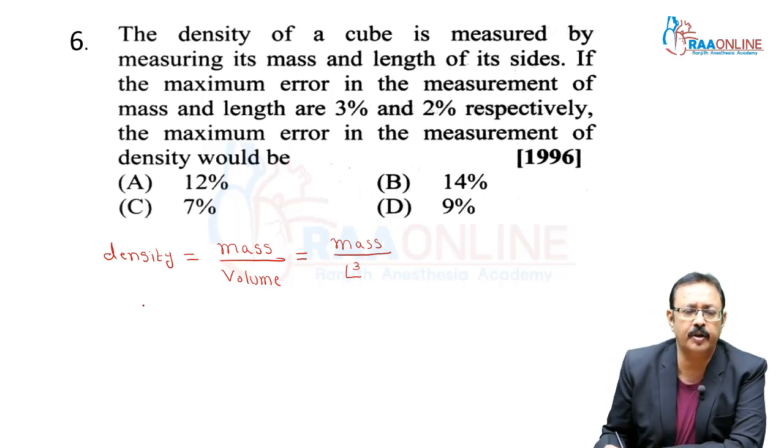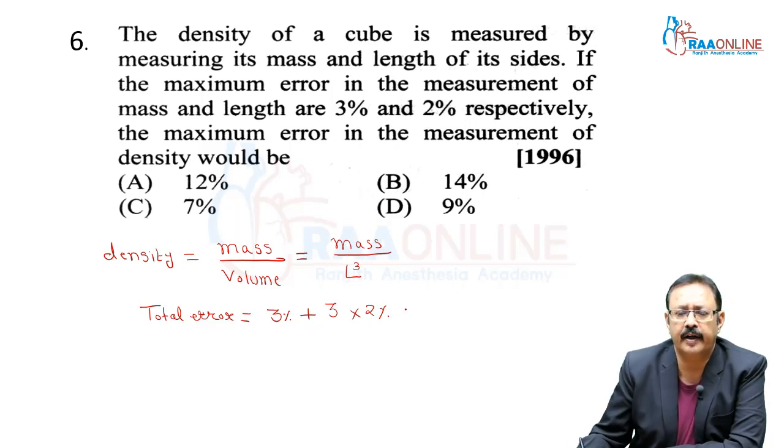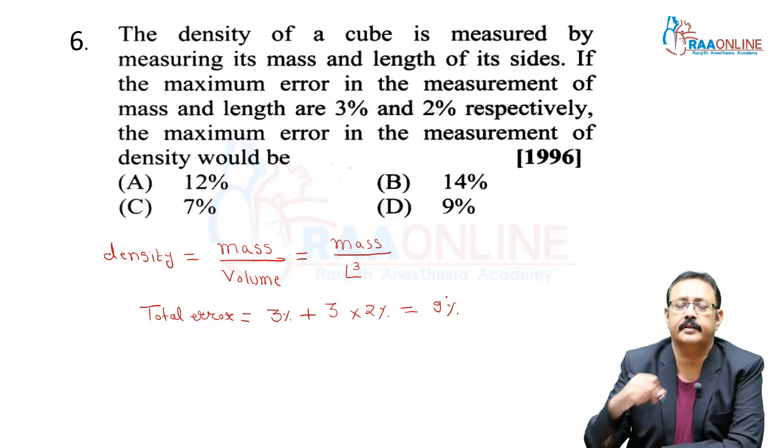So what should be your total error? Total error should be mass 3% plus you are measuring length thrice. Each time you are making an error of 2%. So what we are getting? 3 into 2, 6, 6 plus 3, 9%.